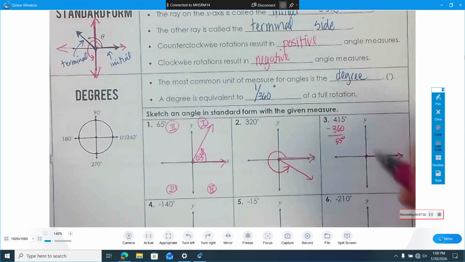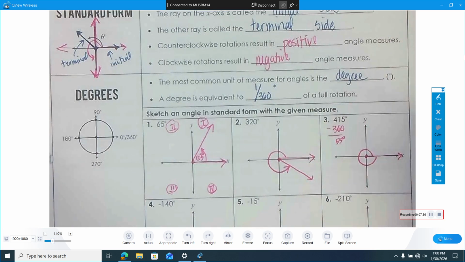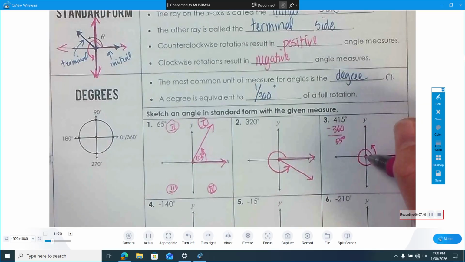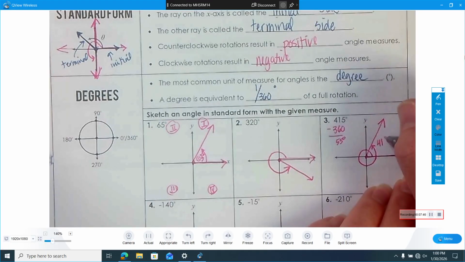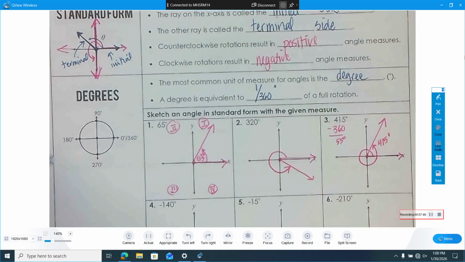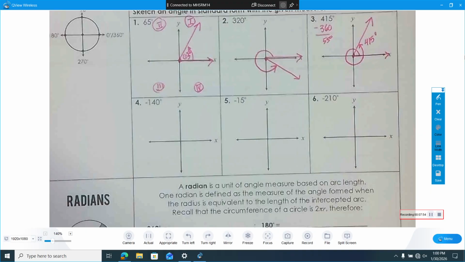All right. So we're going to do one full rotation. So I have my little swirl working, and then an extra 55 or so degrees, and we're going to end about right there. So there's our 415 degree angle there.